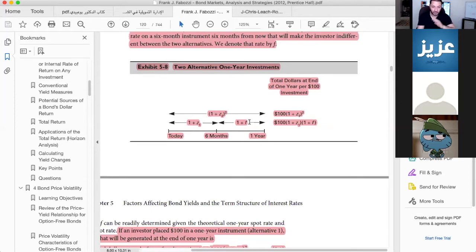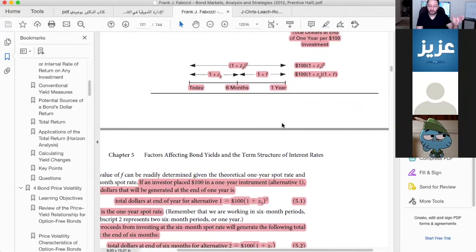If the market is at equilibrium, the F should meet the following condition: the final amount received after 1 year for the second alternative must be equal to the final amount received by the end of the year using the first alternative. So if there is an equilibrium at the market, these two expressions should be equal.